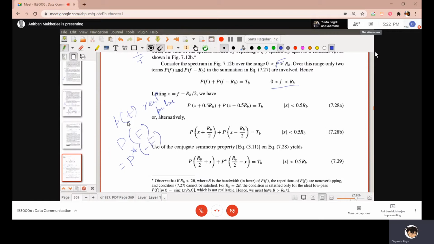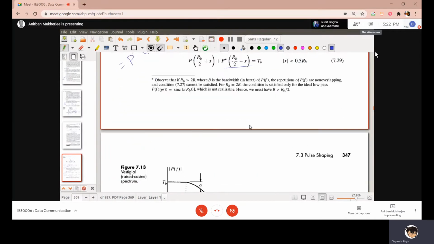If you do the Fourier transform and a little analysis, you will find that the absolute magnitude spectrum will be an even function of f, and the phase spectrum will be an odd function of f. So I can write this as P star of negative RB by 2 x.